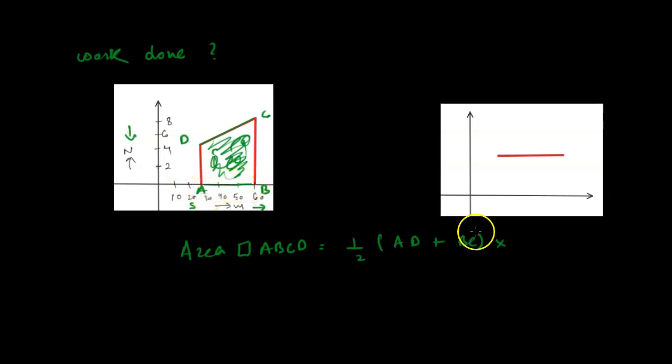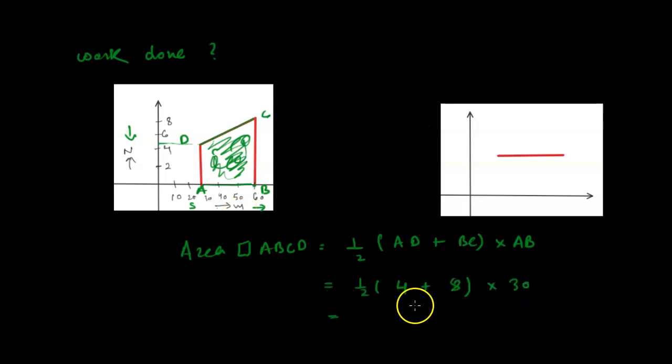Now put in the values: half, AD is about 4 from the graph, and BC is almost 8. AB is from 30 to 60, that means it will be 30.